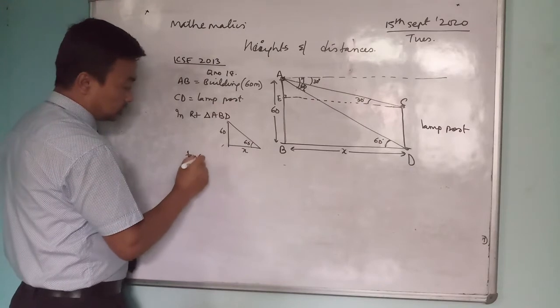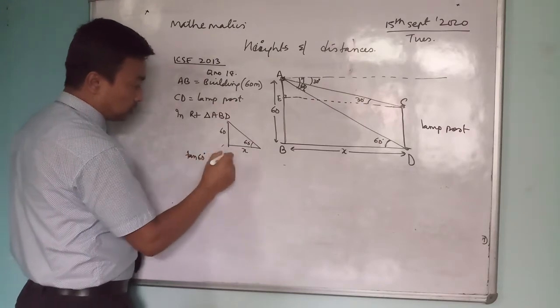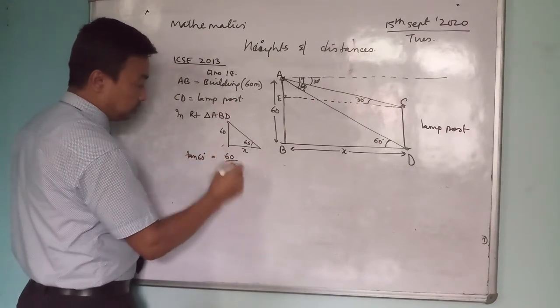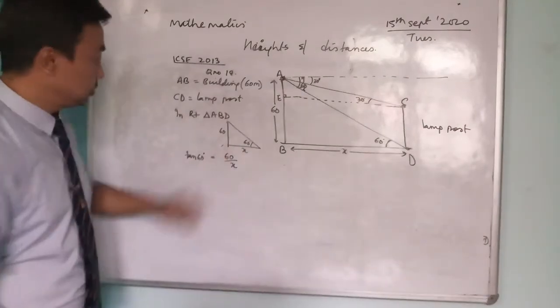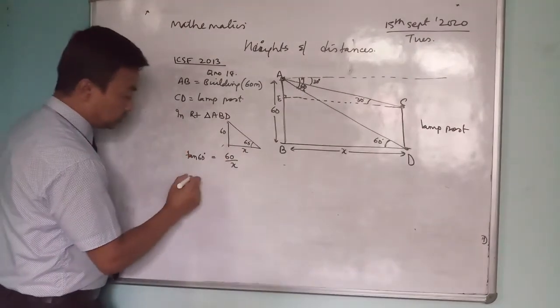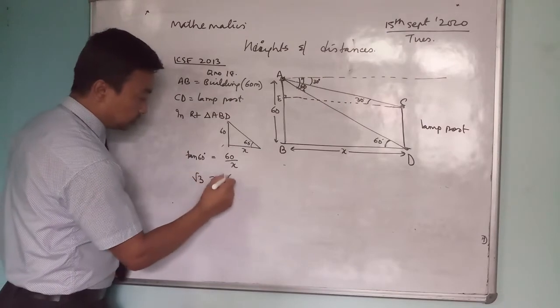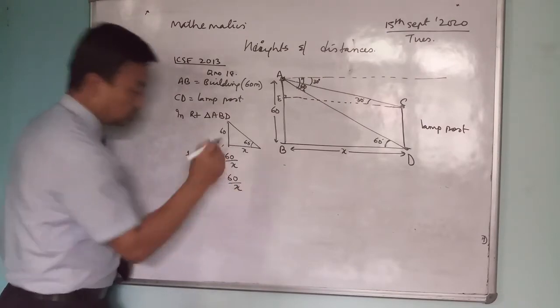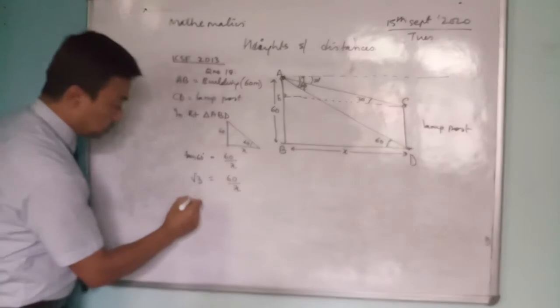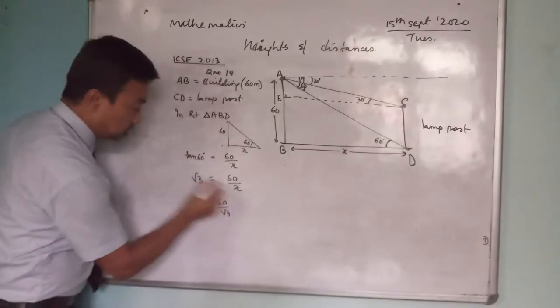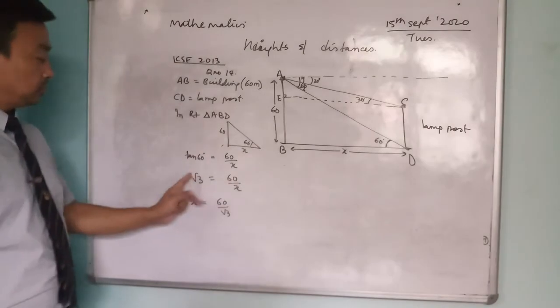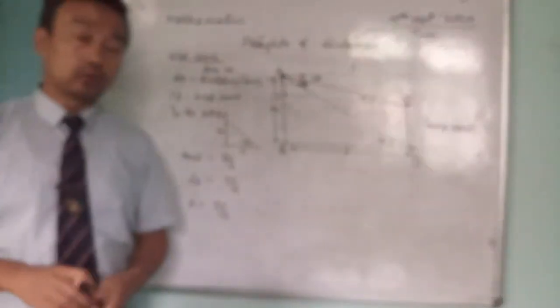So tan 60 degree is perpendicular by base. Now what is the value of tan 60? Root 3. After doing the cross multiplication, you will get 60 by root 3. This will interchange. X will come up, root 3 will go down. That is the cross product.